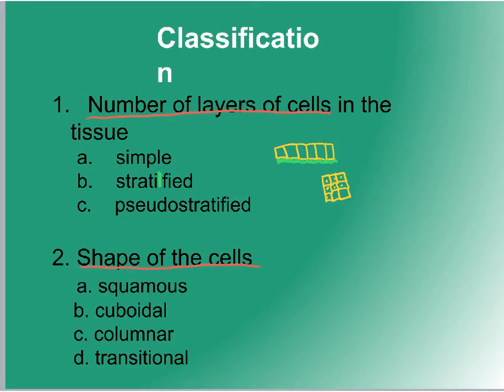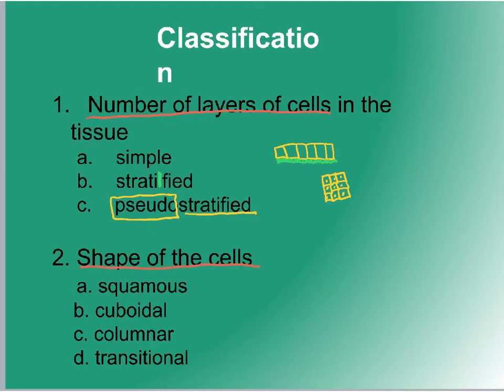And then pseudostratified, I'm going to show you in a picture because it's kind of hard to understand without looking at a picture. But know that pseudo means false and stratified means layered. So this is falsely layered. It appears as though there are multiple layers in the cell, or in the tissue rather, but there really is only one true layer.